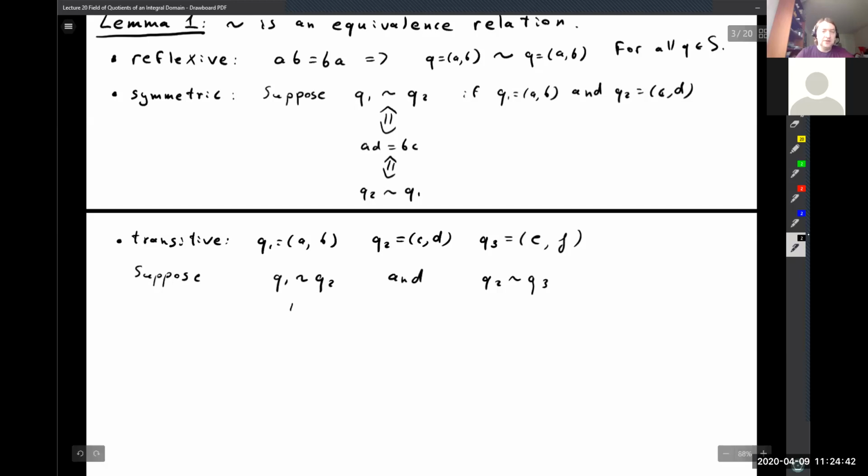Okay, so from the left part, we get that AD equals BC. And from the right part, we get that CF equals DE, right?